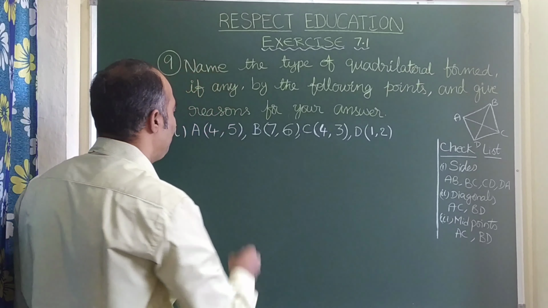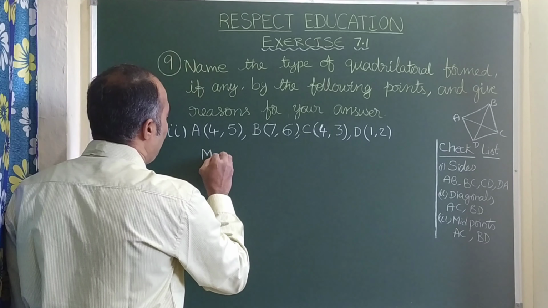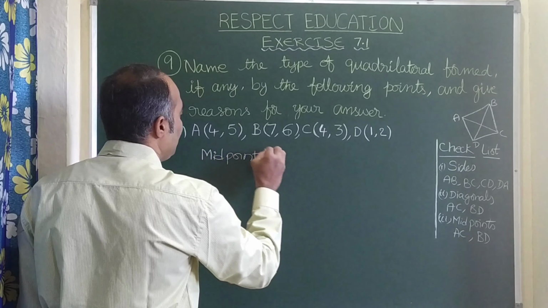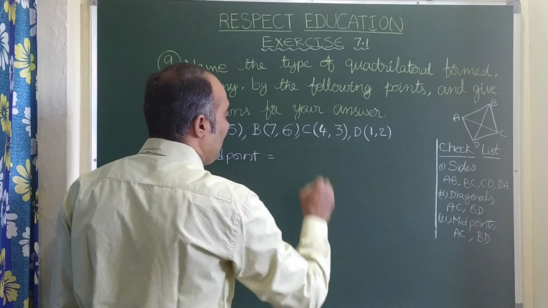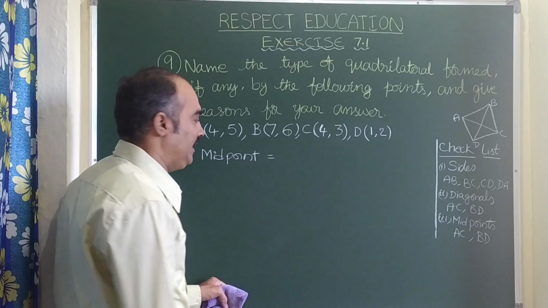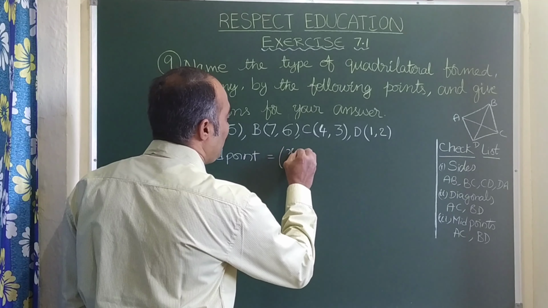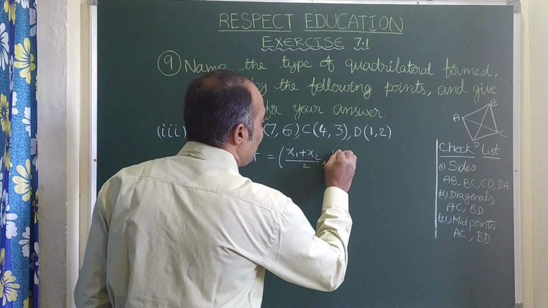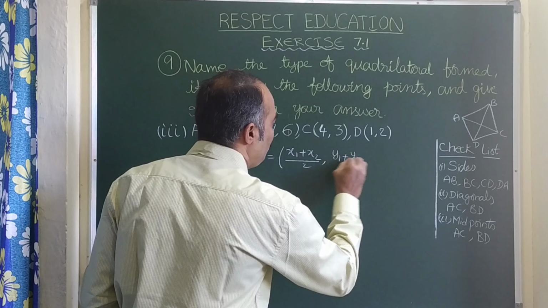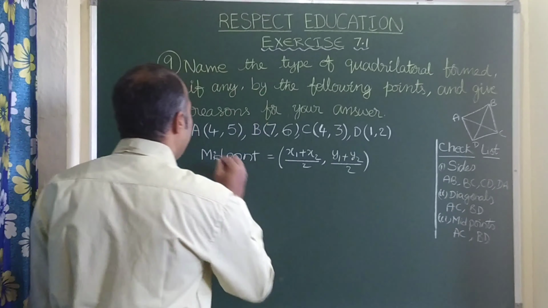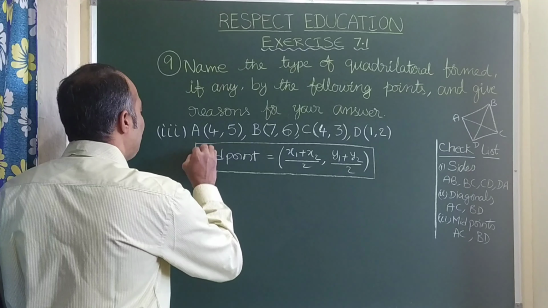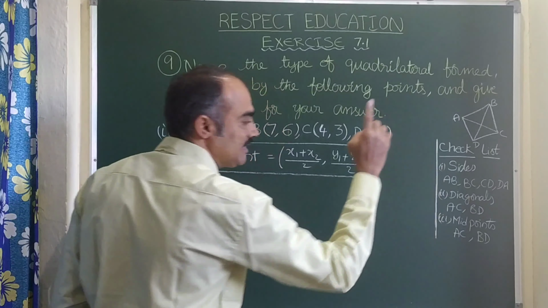Midpoint of the line joining A (x1, y1) and B (x2, y2) is ((x1 plus x2) by 2, (y1 plus y2) by 2). Based on this formula we are going to solve the third case.